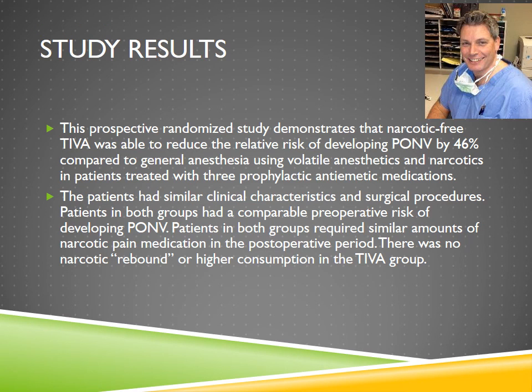That's pretty impressive, because one of the main things people complain about related to surgery is postoperative pain and PONV. The groups were very similar in terms of their patient population characteristics, but this was pretty significant. And this alone might be worth doing a TIVA approach, or recommending a TIVA approach.